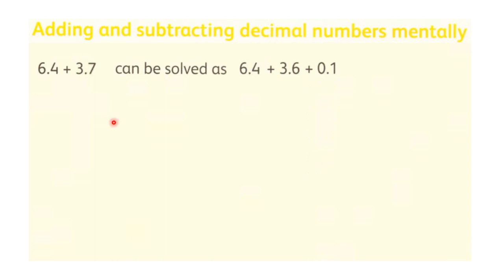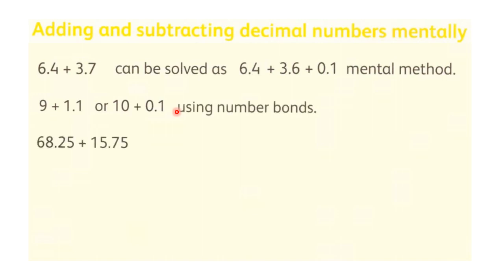I can also solve this as 9, so 6 and 3 make 9, and 1.1, 0.4 plus 0.7 make 1.1. 4 plus 7 is 11, and so 0.4 plus 0.7 make 1.1. This can also be solved as 10 plus 0.1, so I know again that 6.4 and 3.6 make 10, which leaves me with 0.1. This is using number bonds.